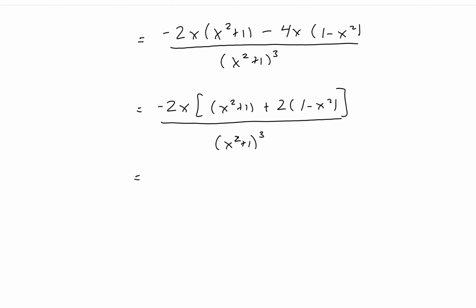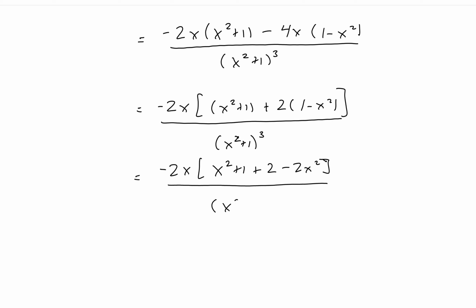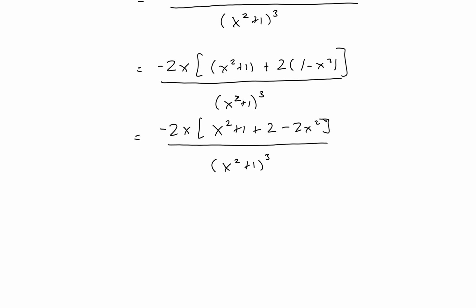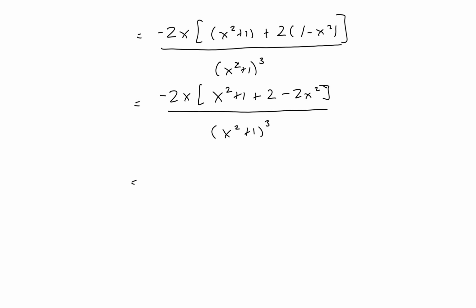So I have minus 2x times x squared plus 1 plus 2 minus 2x squared, all over x squared plus 1 cubed. We have to do all this simplification because remember, we're going to ask where this is undefined and where this is 0. So this becomes minus 2x times 3 minus x squared, all over x squared plus 1 cubed.